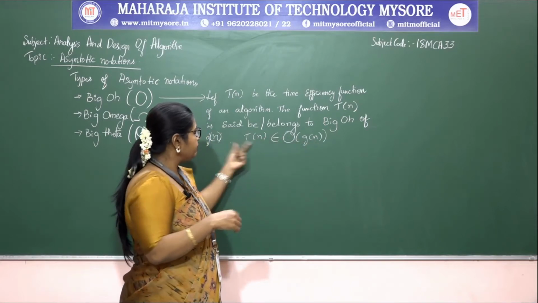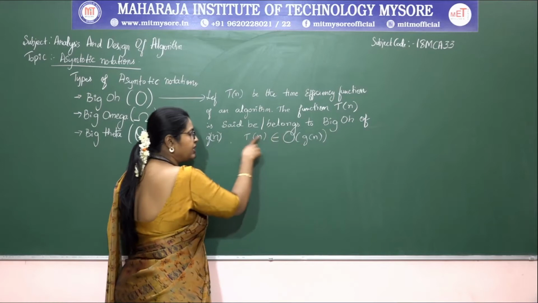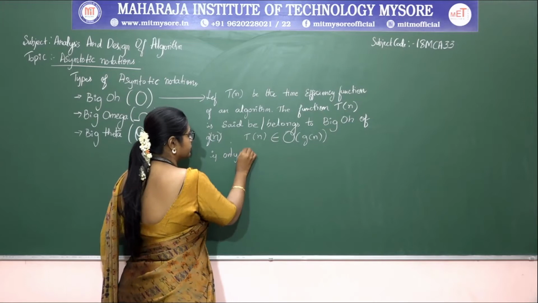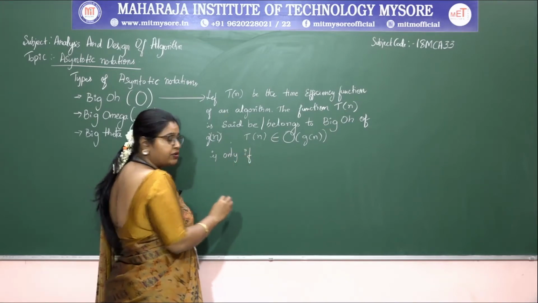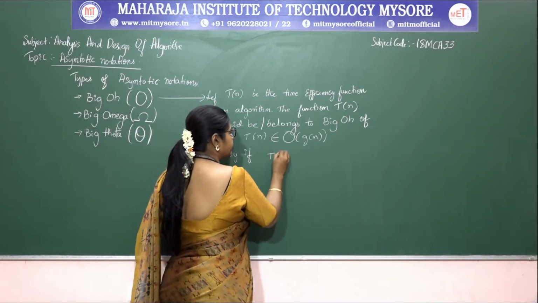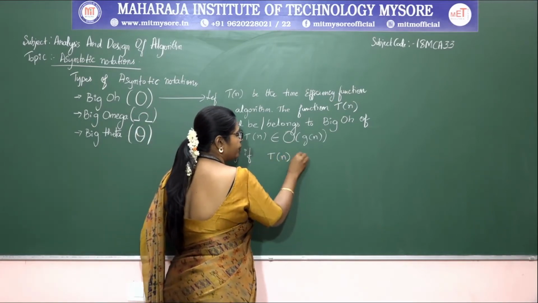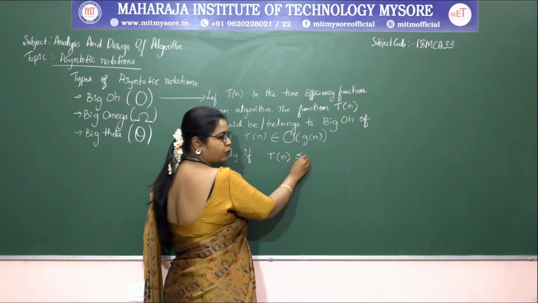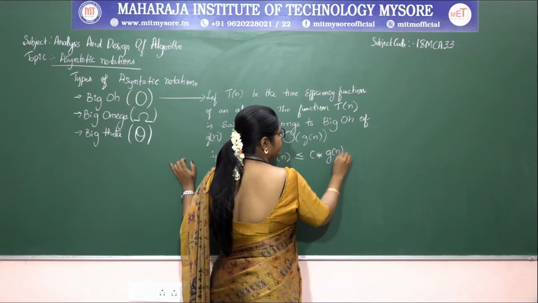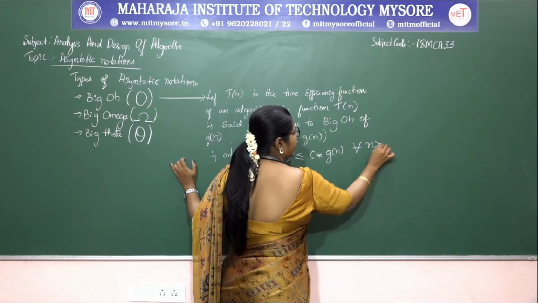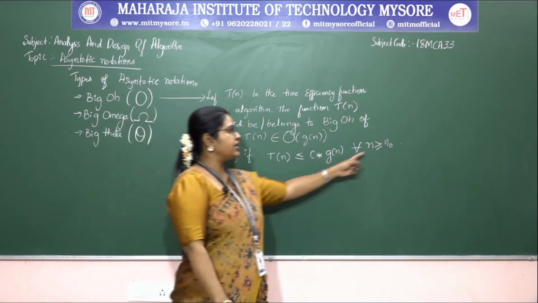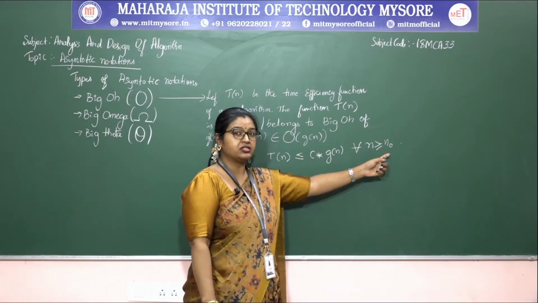So T of n belongs to big O of g of n if and only if it satisfies a constraint. That is, your T of n should be lesser than or equal to some constant c into g of n for all n greater than or equal to n naught. Once I come up with the example, I will explain what this n naught is.